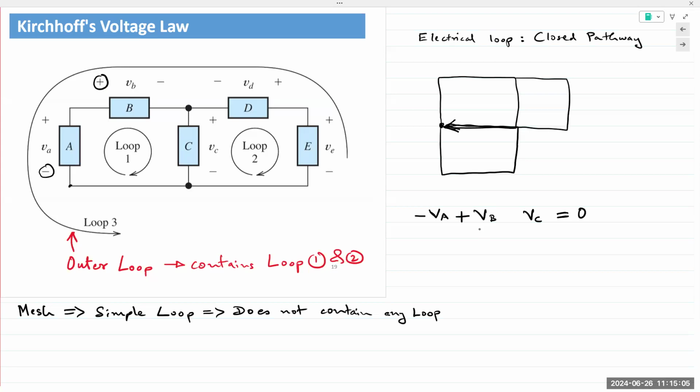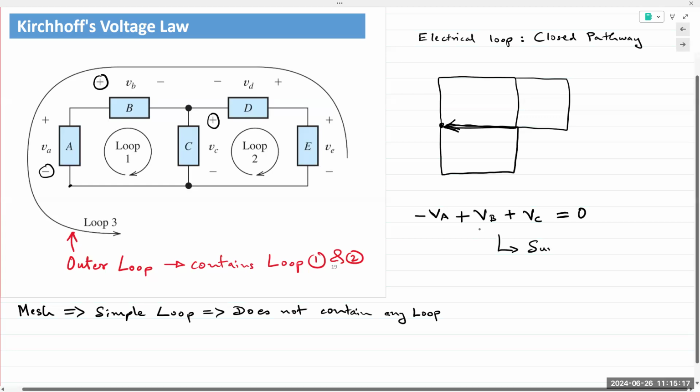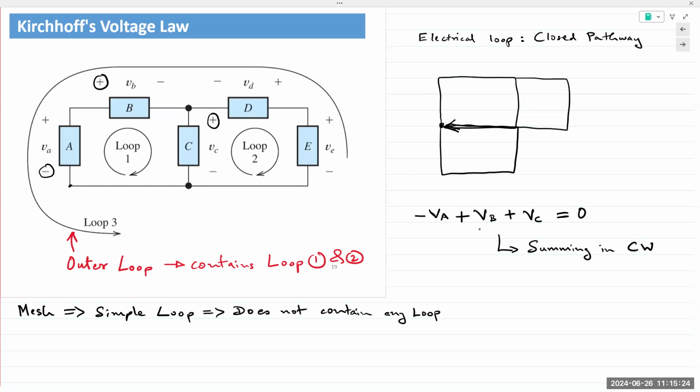For VC, I'll encounter a positive sign again. So plus. So I'm summing up in a clockwise direction.